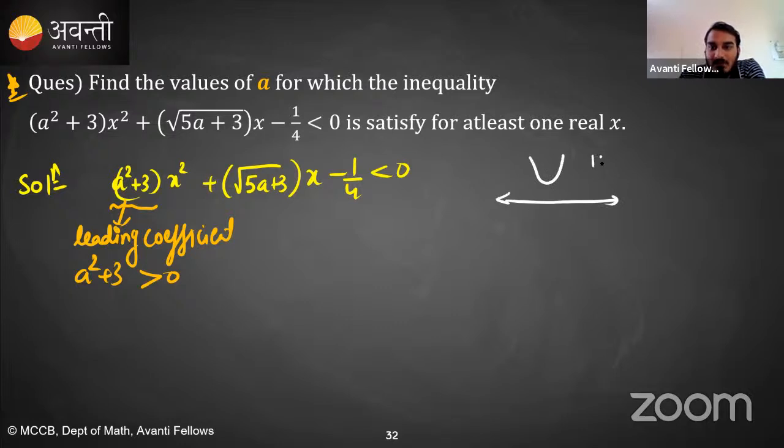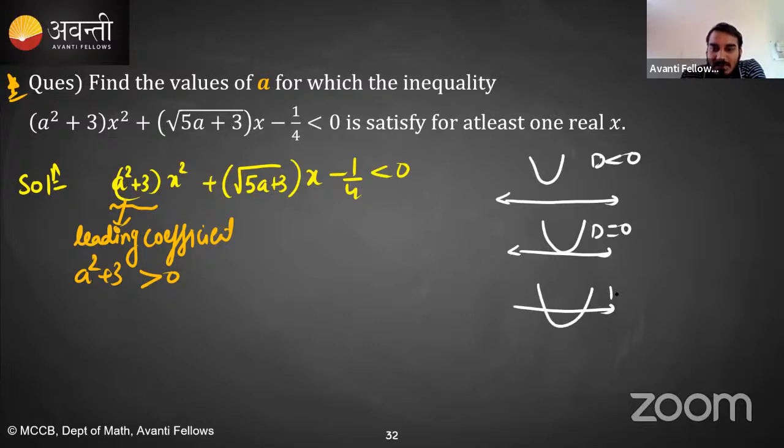if D is equal to 0, or maybe this case that D is greater than 0. Yes or no? This is the x-axis, and this is your f of x. So according to D, only these three cases are possible because the leading coefficient is greater than 0.